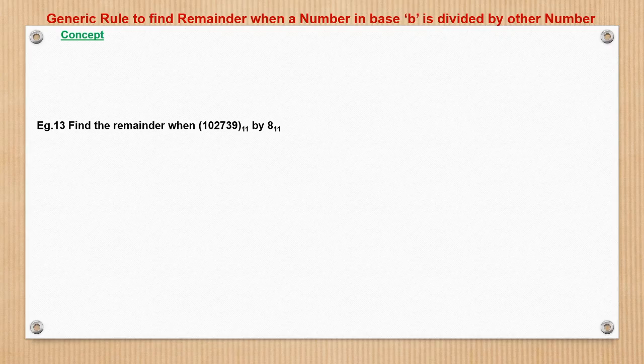So here what to do? See, if the number is given as abcde in base n, we can expand this in base 10 as a into n raised to power 4 plus b into n raised to power 3 plus c into n square plus d into n plus e, right?